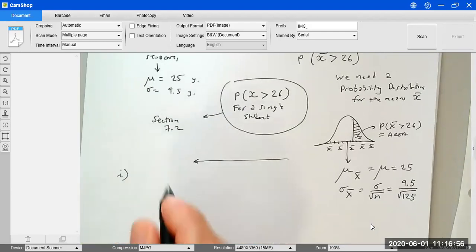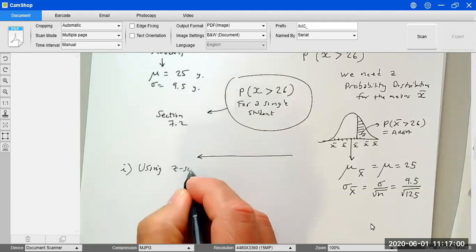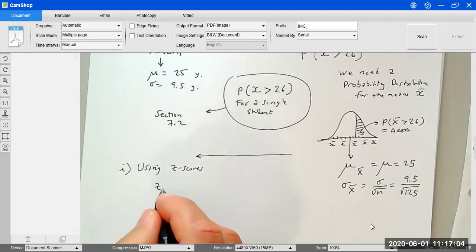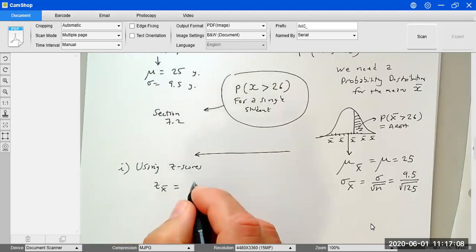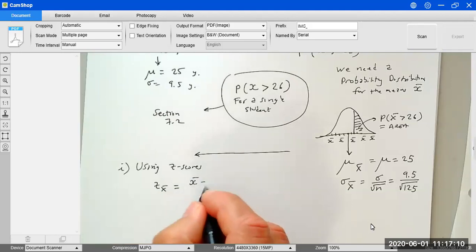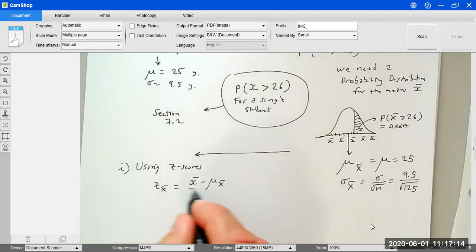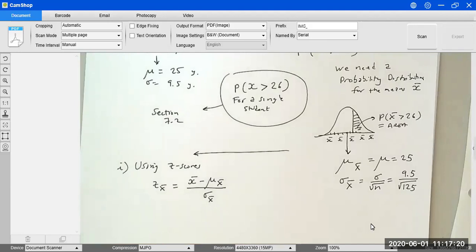First, using the z-scores, we're going to find the z-score for that mean. It's going to be just the mean minus the mu of the means, the mean of the means, over the standard deviation of the means.